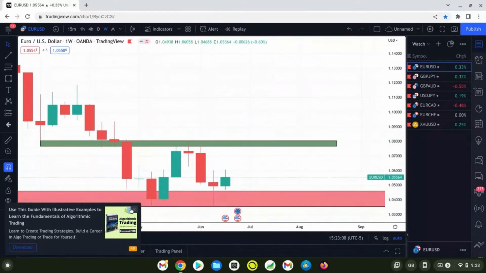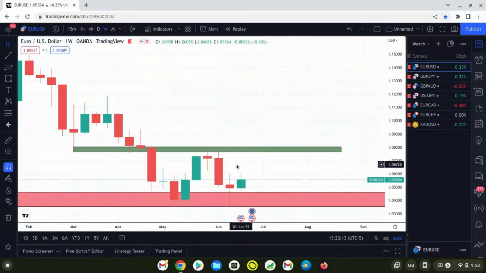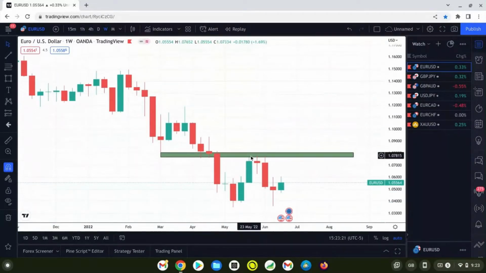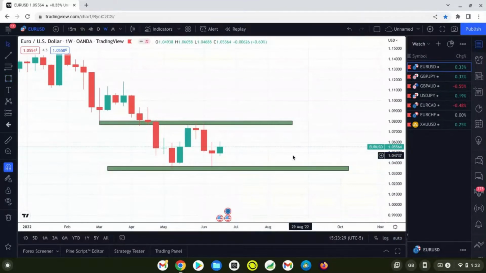Do we get stuck in this range? We don't know. So on a weekly time frame, we have clearly marked the support and resistance now for recent price action, recent happenings on the charts on the Euro USD.